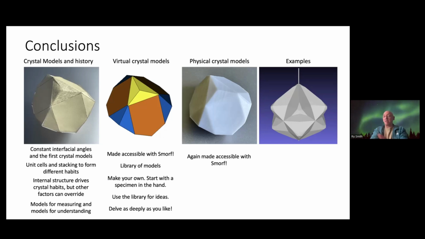And again, the brilliant Mark Holtkamp with his STL button allows us to make physical models of these virtual crystals. And they're really good for outreach events because people can pick them up, they can turn them around, they can look at them. And sometimes for yourself, you've got the crystal, but actually the model really helps you understand it.